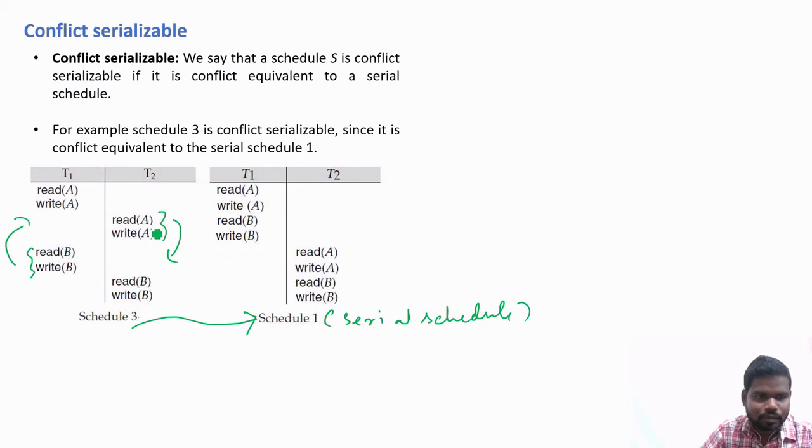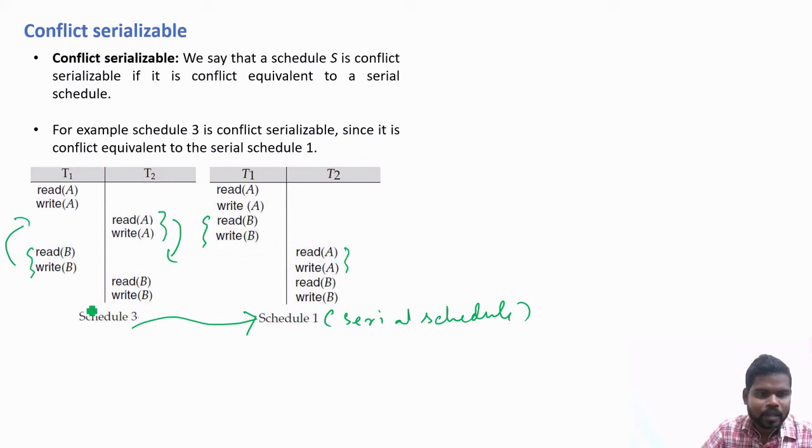These two belong to transaction T2 working on data item A, and these two are working on data item B, which belongs to transaction T1. So we can easily swap them because they are non-conflicting instructions. Then read B, write B will move here, and read A, write A will go downward here.